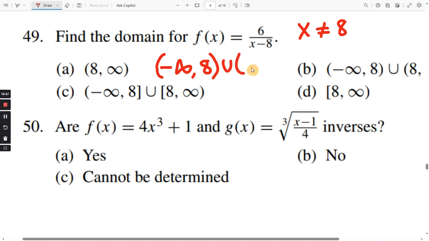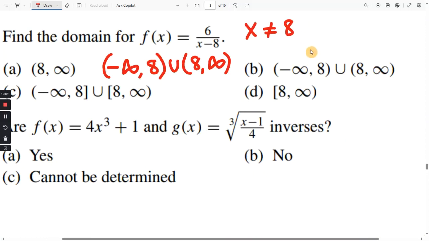In union with not including 8, use the rounded parenthesis, and it runs all the way to positive infinity. So this right here means everything except 8. And that looks like answer B. Everything except 8.